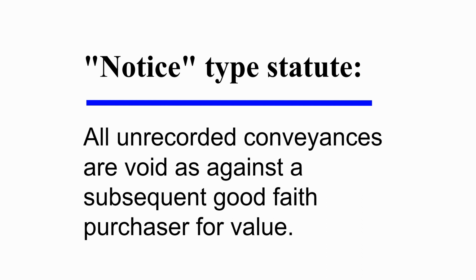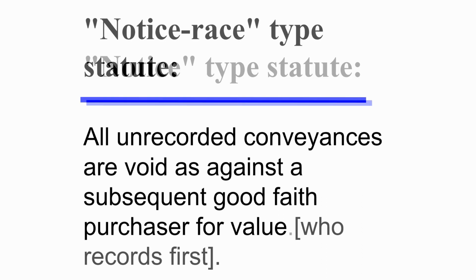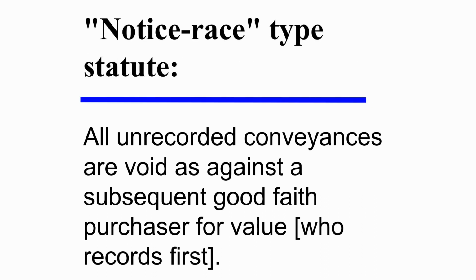If we wanted to turn this from a notice type statute into a notice race or race notice type statute, how would we do it? Well, the answer is we would simply add the words "who records first" at the end. So it would read: all unrecorded conveyances are void as against a subsequent good faith purchaser for value who records first.